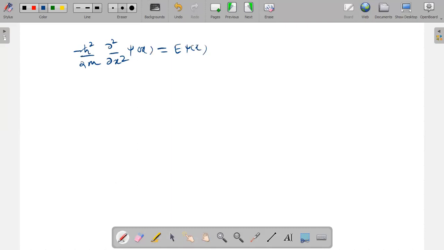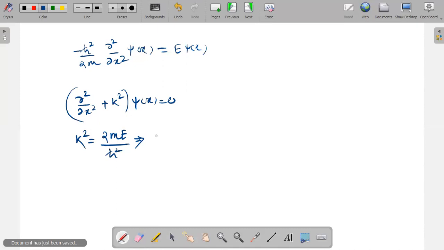From this we can write delta square upon delta x square plus k square, psi of x equal to 0, and k square equals 2mE upon h cross square, which implies that k equals root of 2mE upon h cross. Here k is a variable.